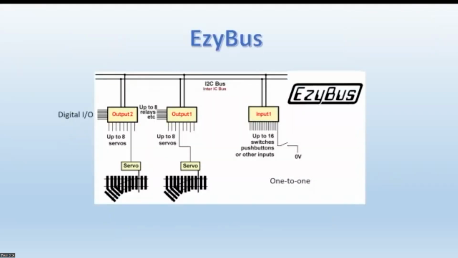Moving on then to EasyBus, you'll see a similar pattern. We've got a bus here, we've got input modules, and we've got output modules. In this case, the input module isn't 6 inputs, it's 16 inputs, although the output modules are 8.